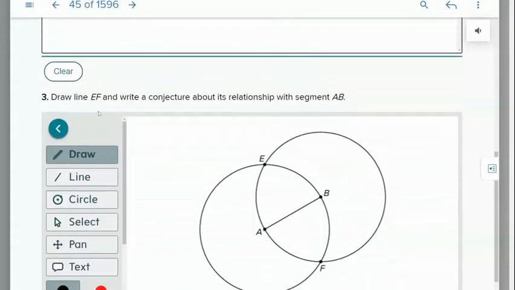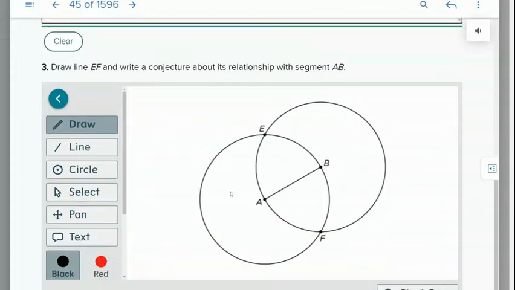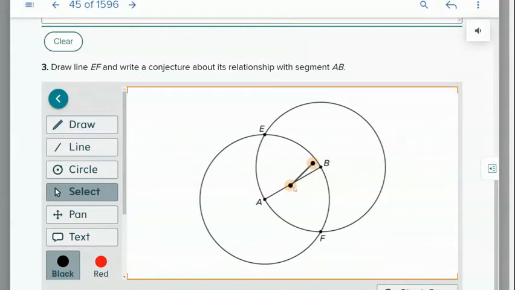Third question is to draw line EF and write a conjecture about the relationship with segment AB. So let's draw a line for EF. That's from here to here.